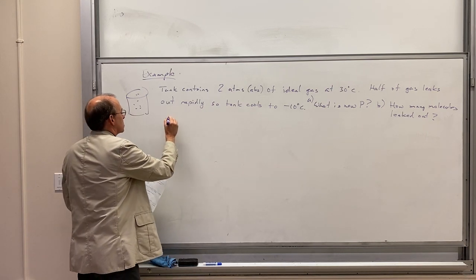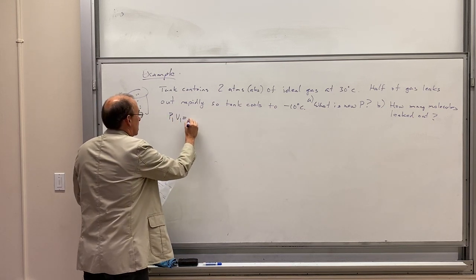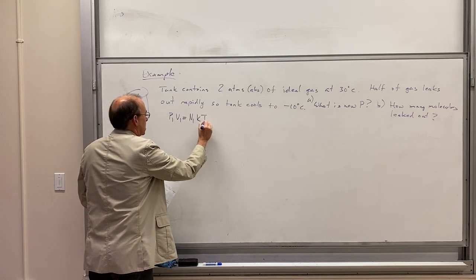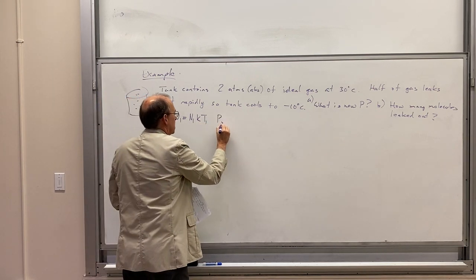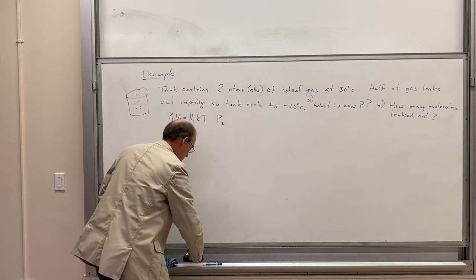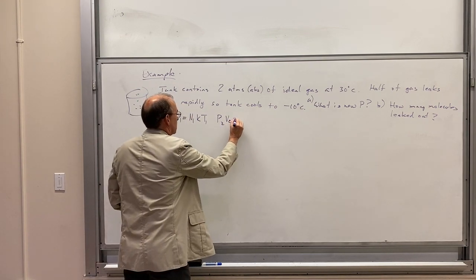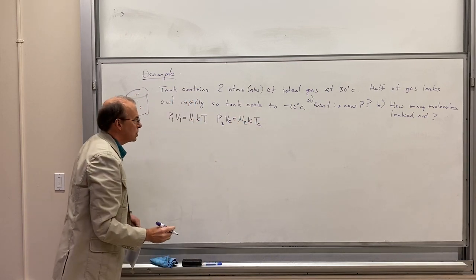So at the initial situation, we've got P1 V1 is N1 K T1. That was true at the start. And at the finish, P2 V2 is N2 K T2. That was true at the end.